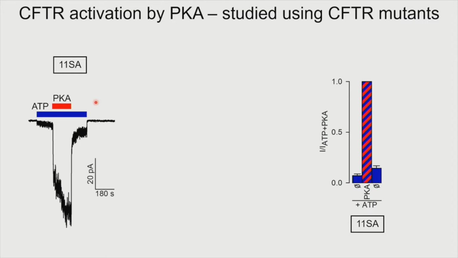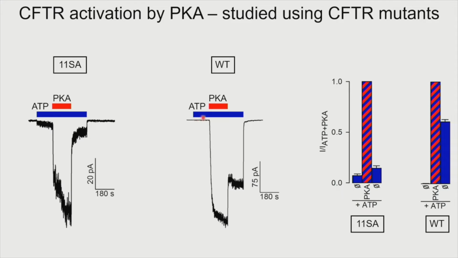But what was not observed previously is that this effect of PKA on the mutant is again completely reversible, in contrast to the effect on wild-type CFTR, in which case there is a lasting effect, as you have seen. So the response of the mutant can be explained by reversible activation through PKA binding.